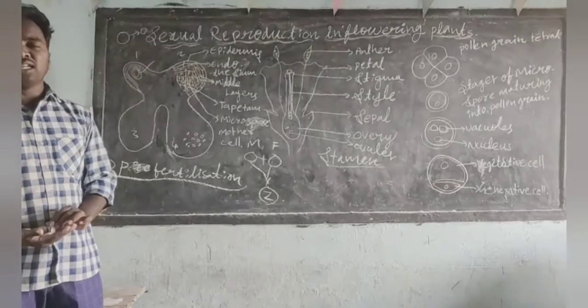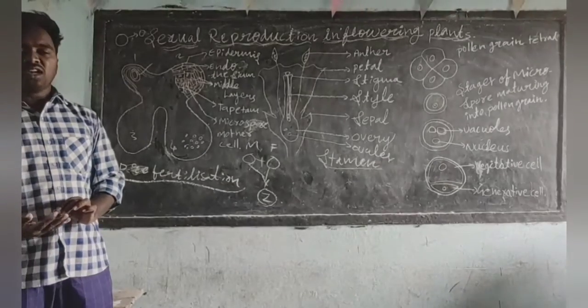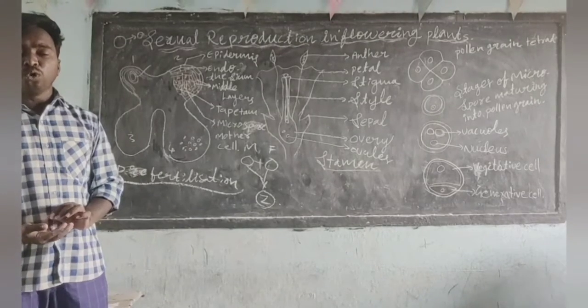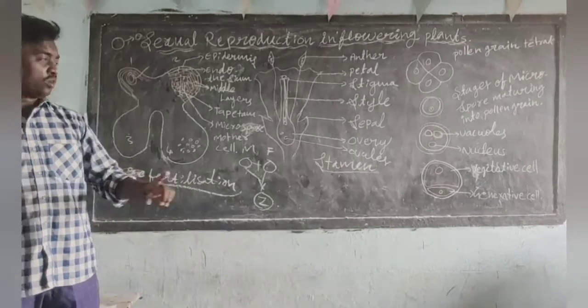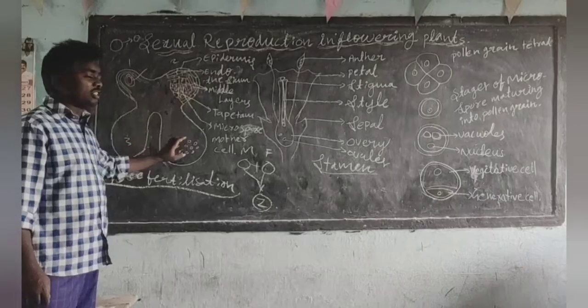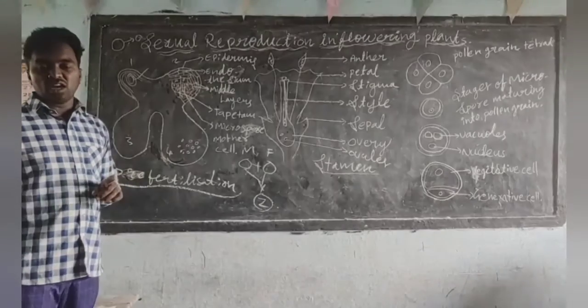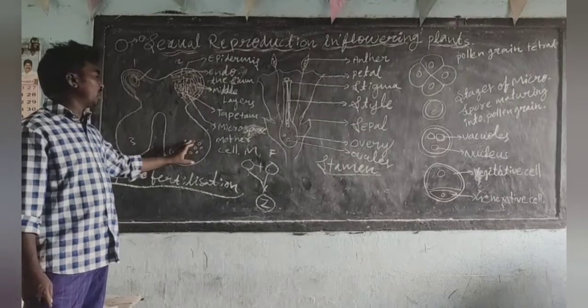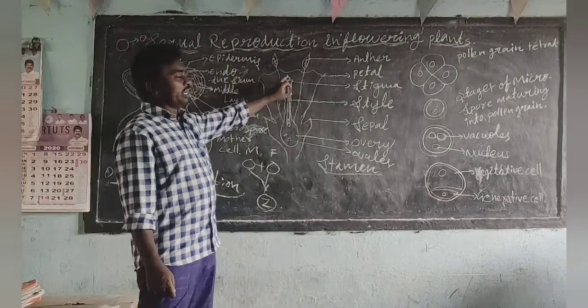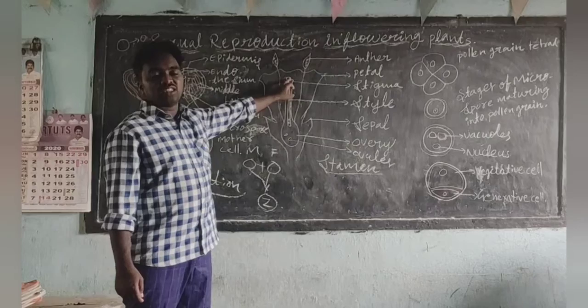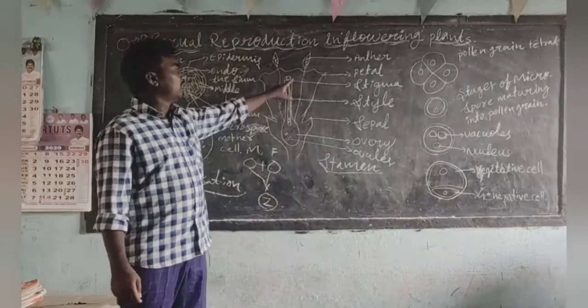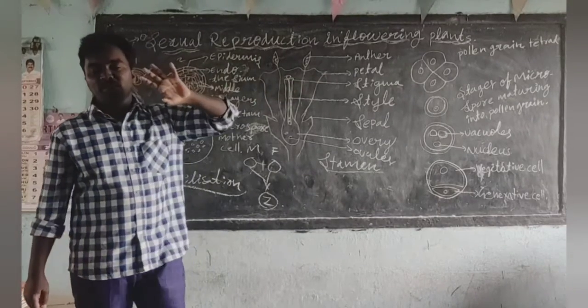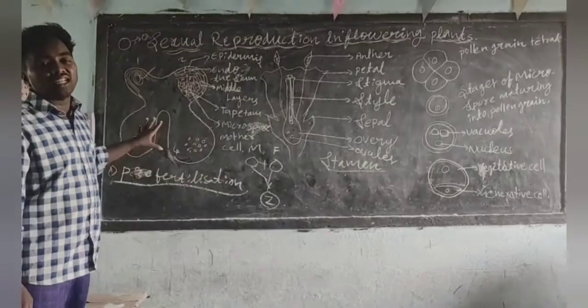A number of pollen grains are produced or released from the microspore mother cells only. Then after the formation of total pollen grains, the pollen grains are released into the atmosphere, and then after that this is attached to the stigma of the flower. Okay, so this is the major thing, the development of the anther.